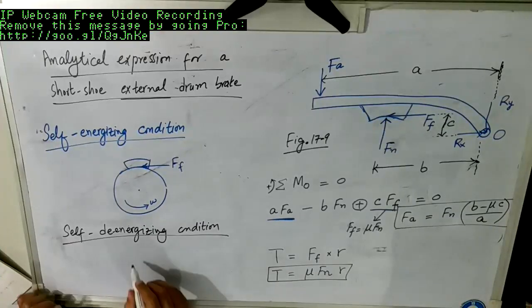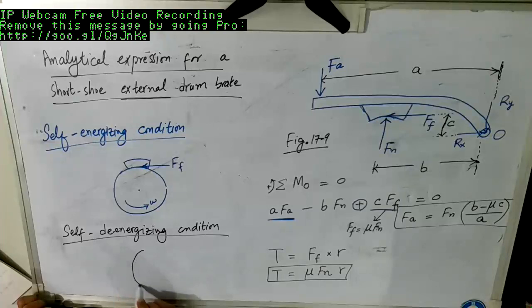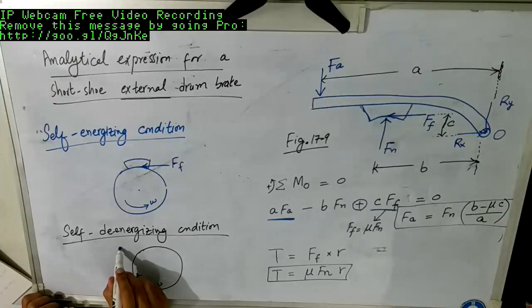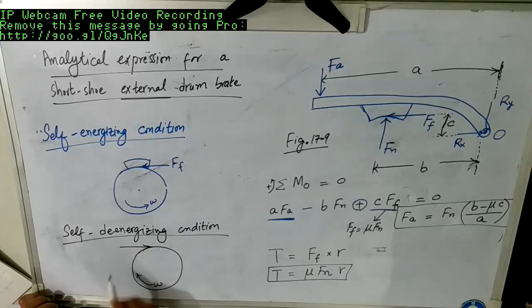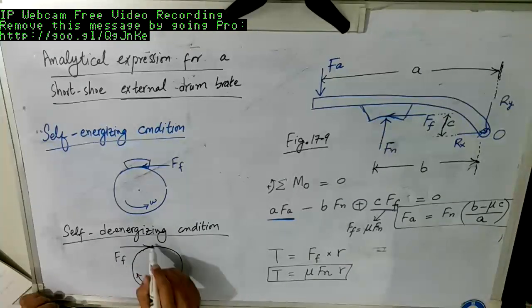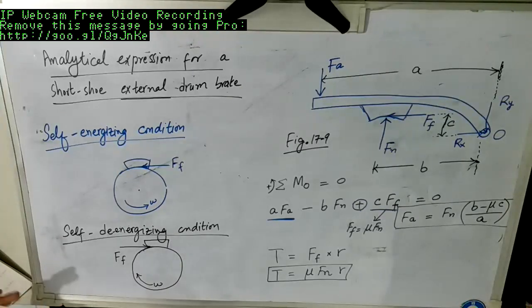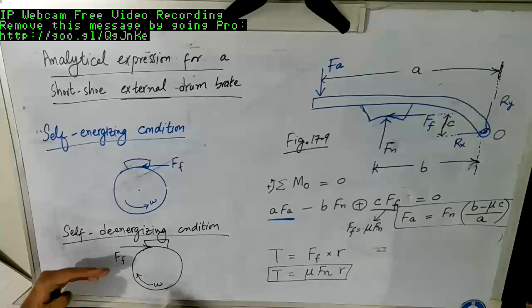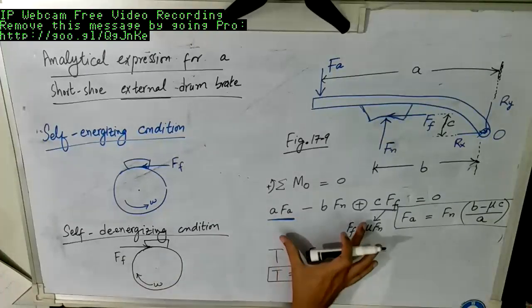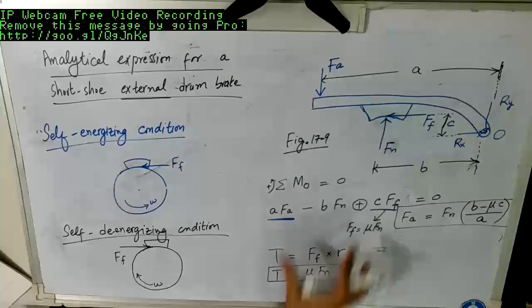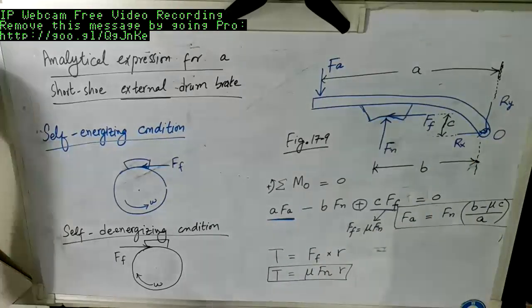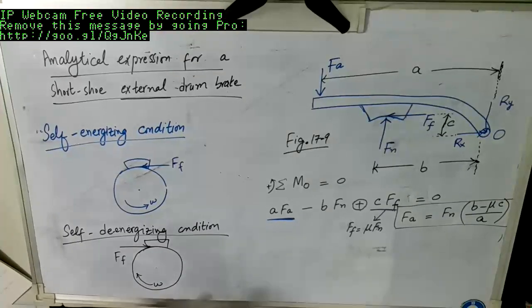In case of self-de-energizing condition, the direction of rotation of the drum is now clockwise, and so this frictional force direction will also be reversed. So this here is your shoe. This frictional force direction is the same as the direction of rotation of the drum. Now if we write the same condition using the free body diagram, we will get the exact opposite.